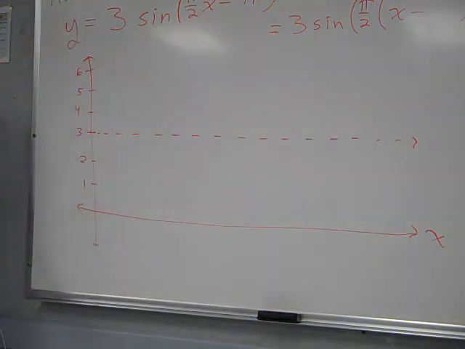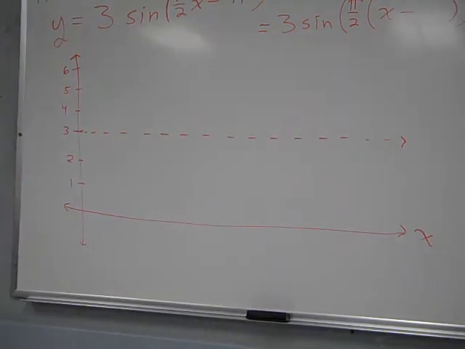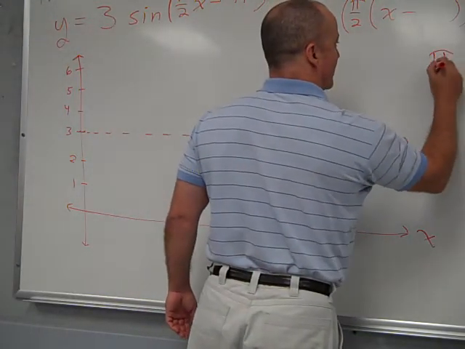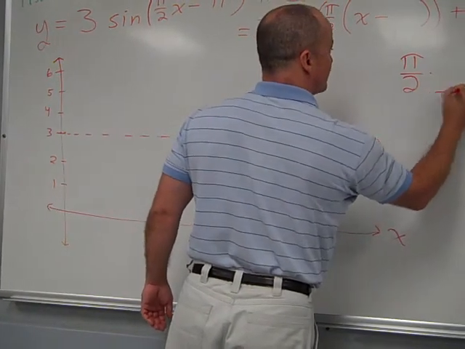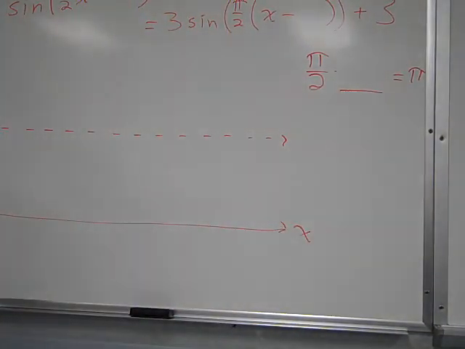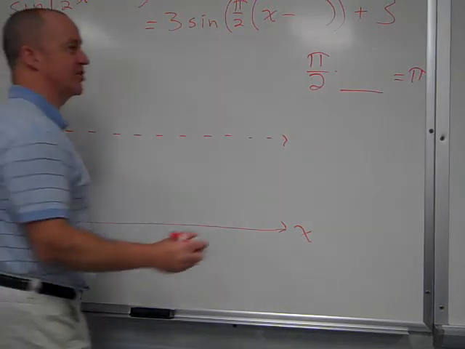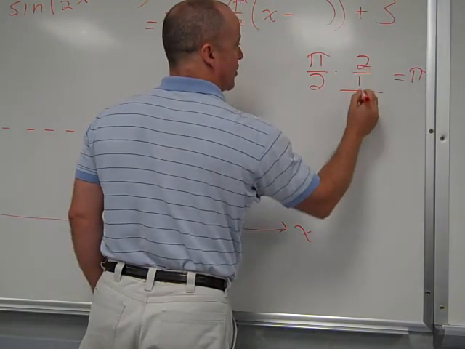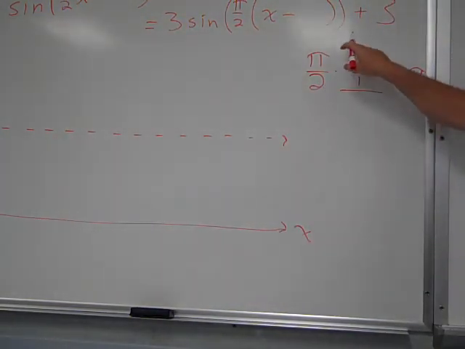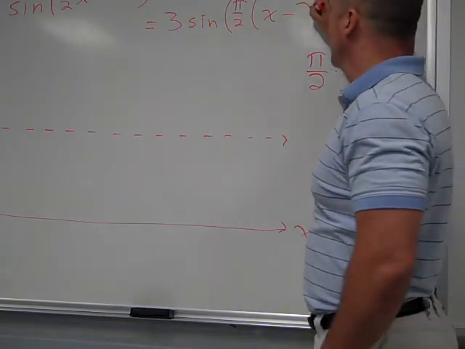What would you multiply pi over 2 by? Pi over 2 times blank equals pi. 2 over 1, she is correct. The only thing that happens between pi over 2 and pi is that the half goes away. So that must be multiplying by 2.